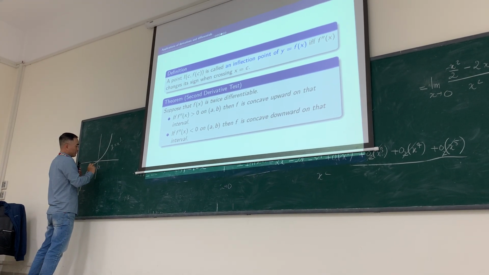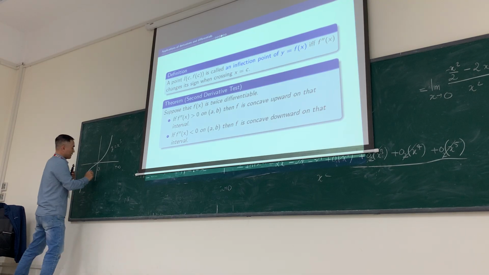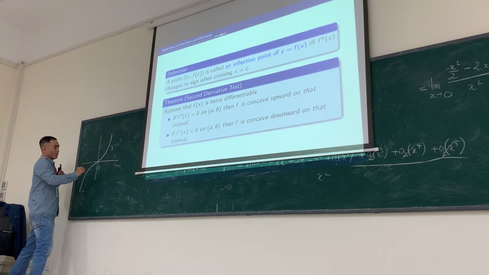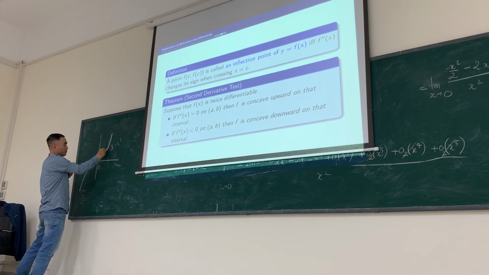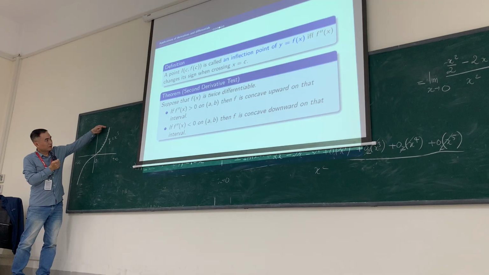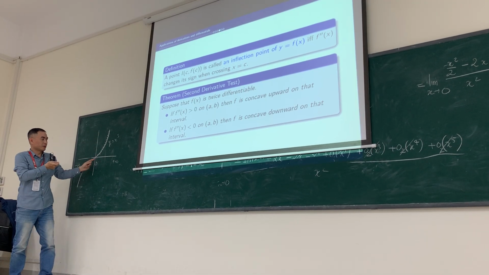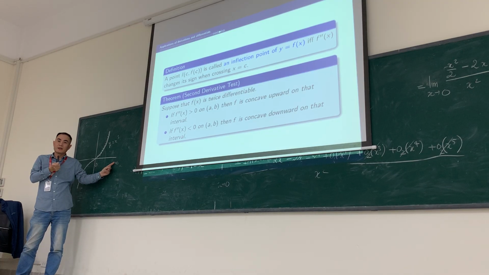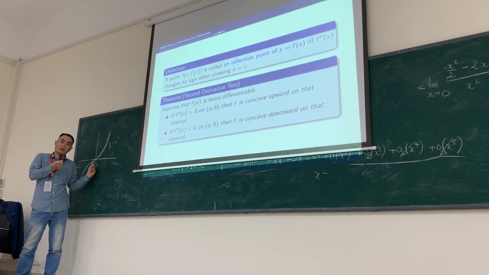Part one from 0 to infinity, part two from negative infinity to 0. Now we want to check the curve on the first interval, 0 to infinity, whether it is concave downwards or concave upwards.